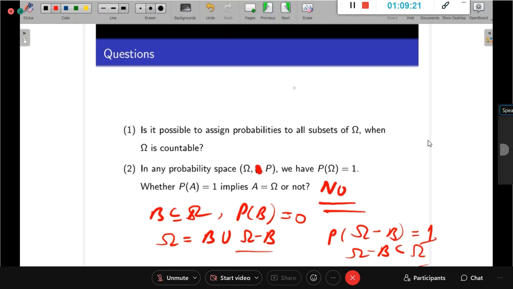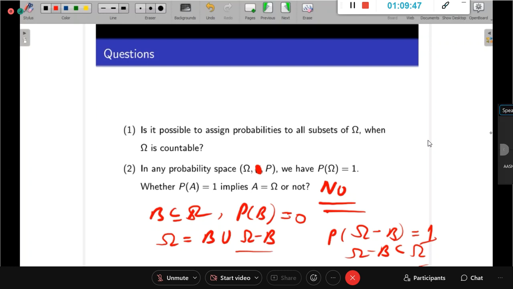Okay. There are some questions in the chat box. Let us take them. Events have occurred during the experiment.